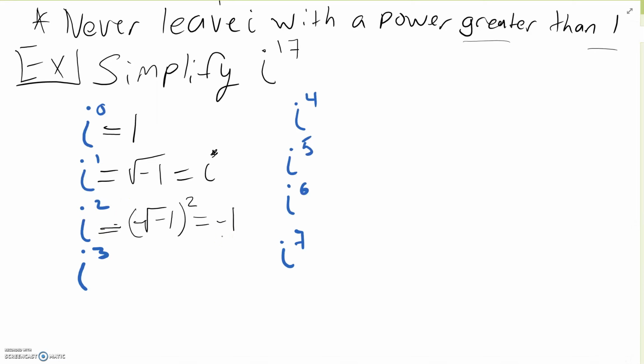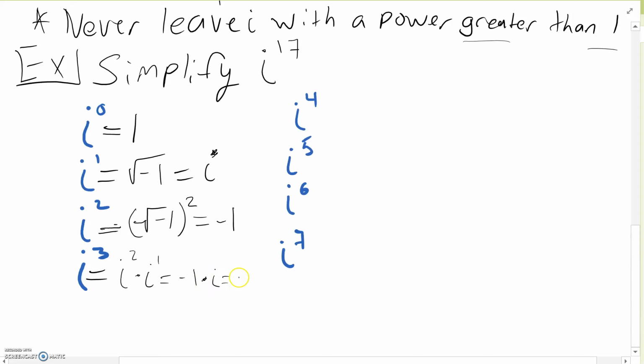So let's move on. Let's do i to the 3rd. Remember, to get higher powers, I multiply i squared times i to the 1st. Remember, you add exponents when you multiply them. So this would be i to the 3rd, right? But we know what i squared is. It's just -1. And we know what i to the 1st is. It's just i.